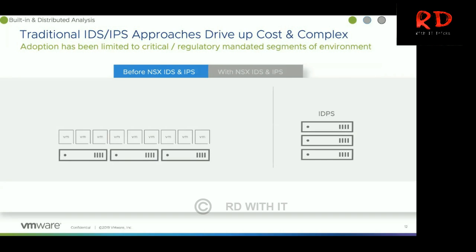On the right-hand side, we've got our physical IPS IDS boxes. This is typically a dedicated appliance, or perhaps you could have additional capabilities in your physical firewall. So you've got your separate firewalls and your separate IPS IDS sitting in your environment.